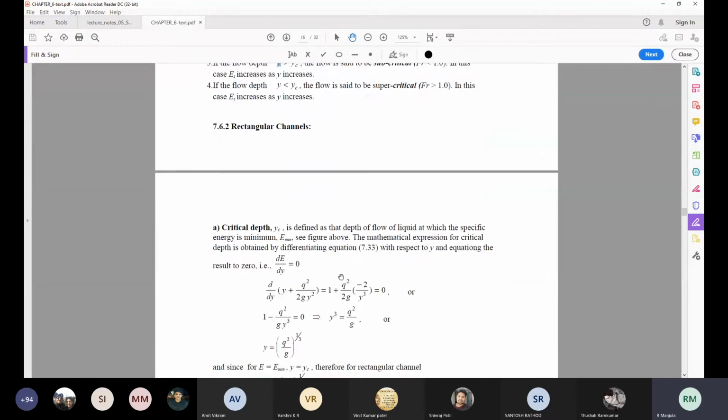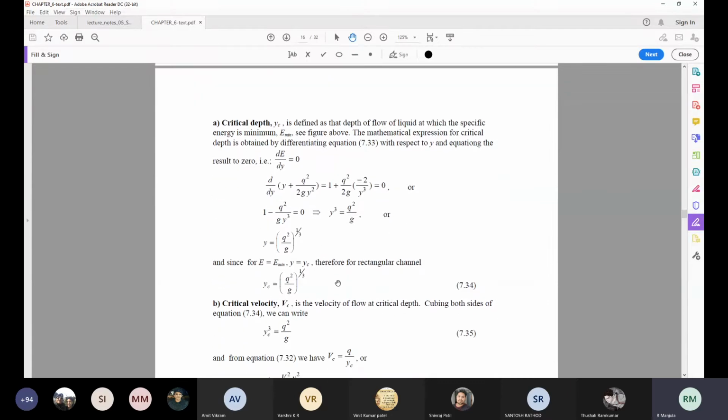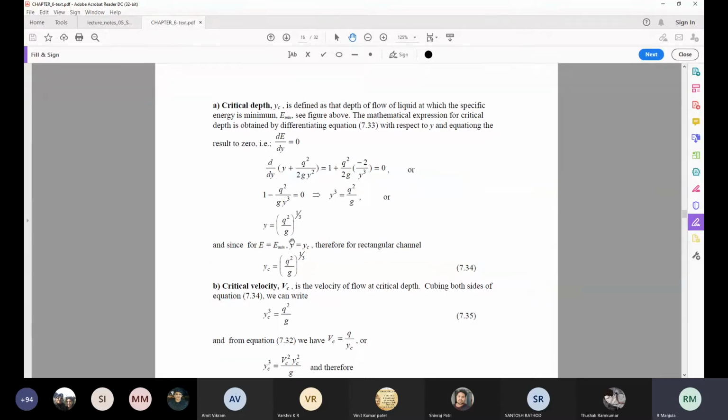Now consider the rectangular channel first. YC is defined as the depth of fluid at which specific energy is minimum. The mathematical expression is: differentiate specific energy with respect to Y, that is d by dy of y plus q square by 2gy square. Upon differentiation, as we have already discussed, Y is equal to q square by g, the whole power 1 by 3.